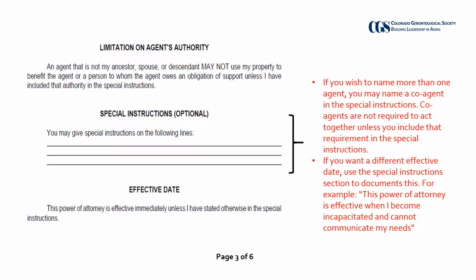A conservator comes in when we haven't done our planning ahead of time, and now we're in a situation where we can't give permission for that person to help us. So the only recourse is requesting to become a conservator through the court. That's the only way that our loved ones would be able to help us at that time.